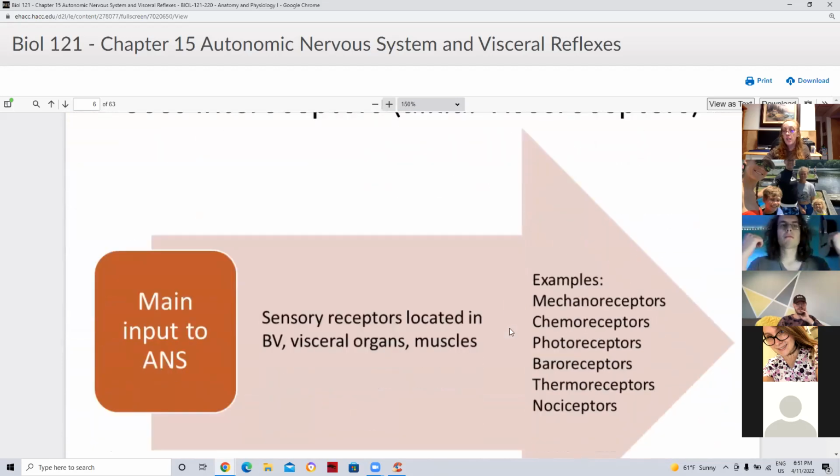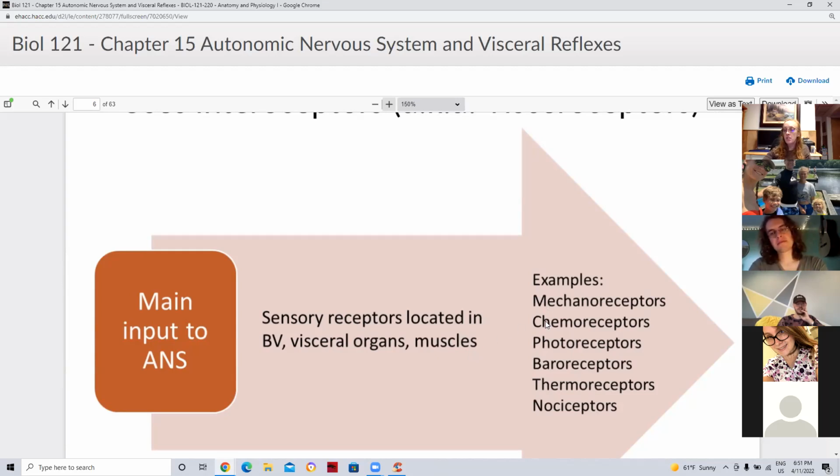The autonomic nervous system always uses interoceptors or visceral receptors. So sensory receptors located in the blood vessels, visceral organs, or muscles. They use mechanoreceptors.